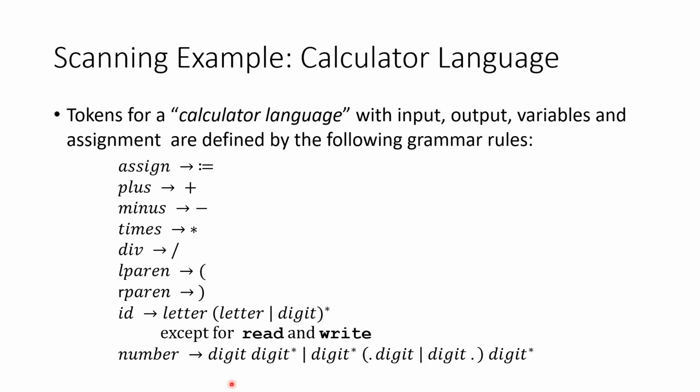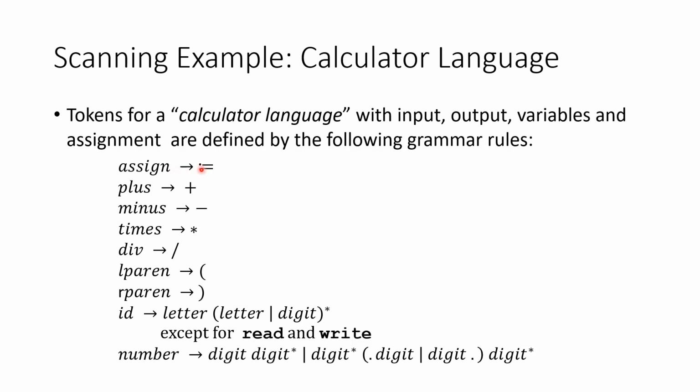As an example of scanning, we consider a simple calculator language with input, output, variables, and assignment. The tokens for this language can be defined using the following grammar rules. Each rule defines one token, where the left-hand side of the arrow is the name of the token, and the right-hand side of the arrow is the regular expression that generates the token.